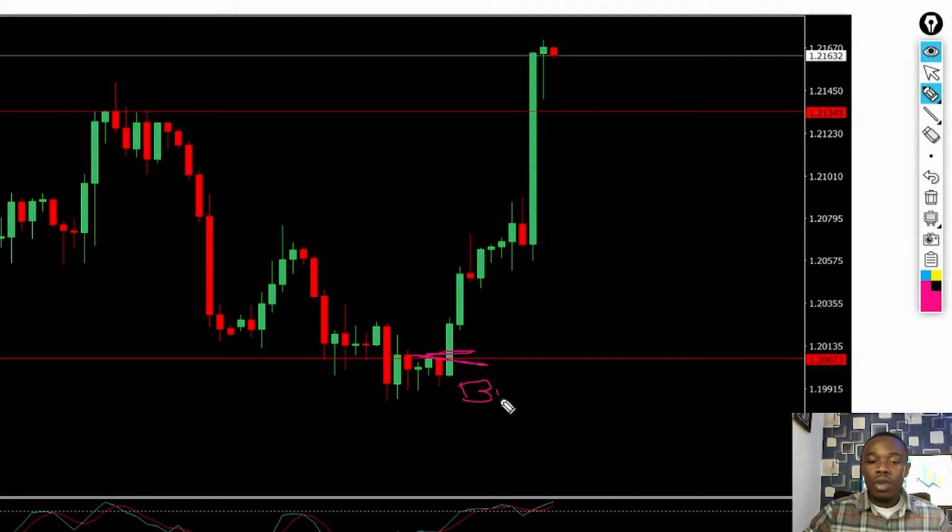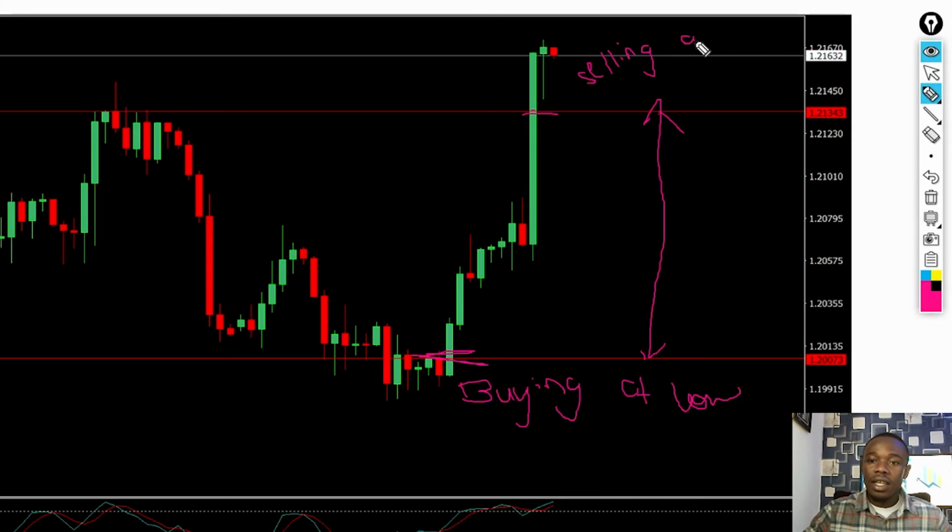So going long means buying at low, and all the way here, and selling at highs. So this is how profits are being made when we go long on a currency pair.